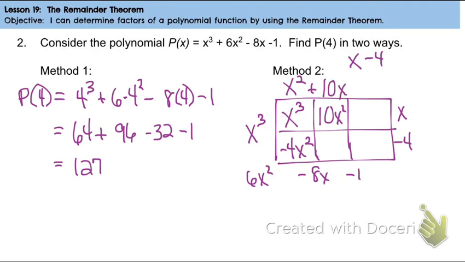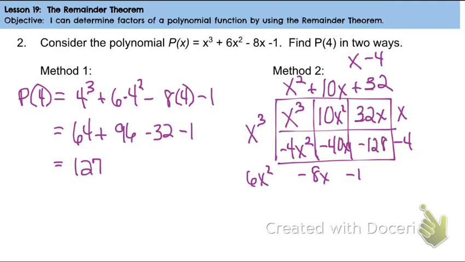10x times negative 4 is negative 40x. I want to end up with a total of negative 8x, so this has to be a positive 32x. 32 plus negative 40 is negative 8. So this must have been a positive 32. 32 times negative 4 is negative 128.